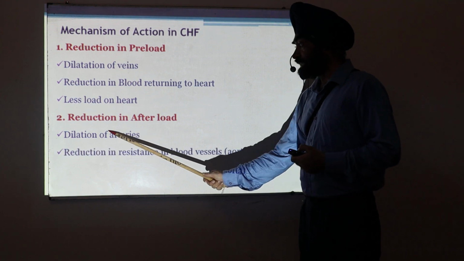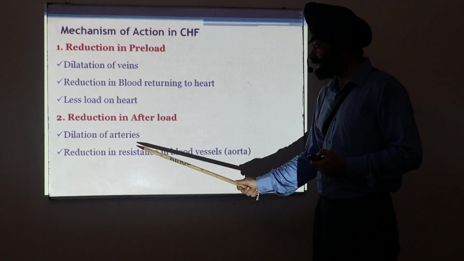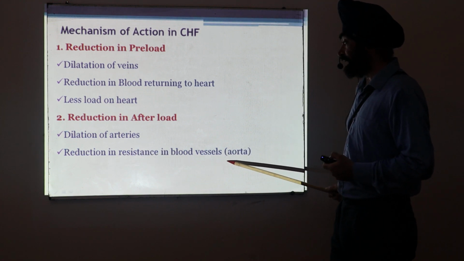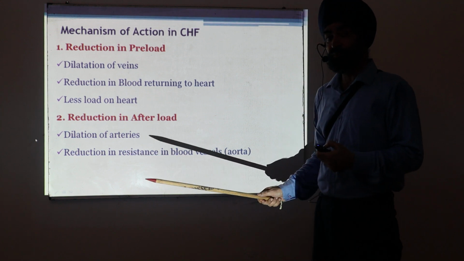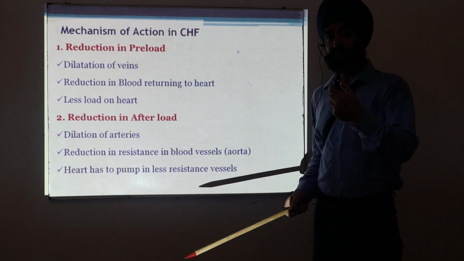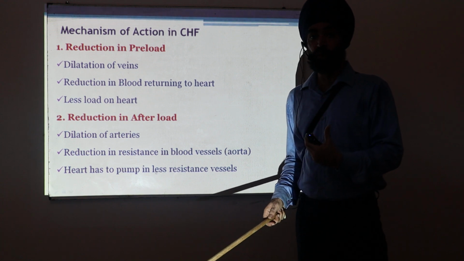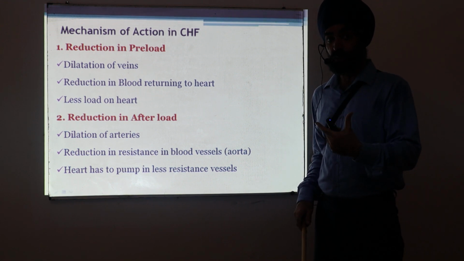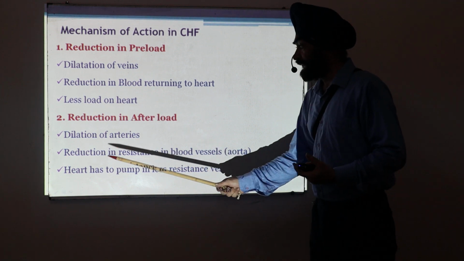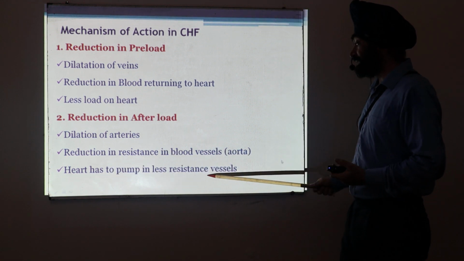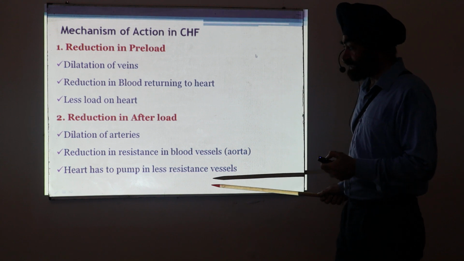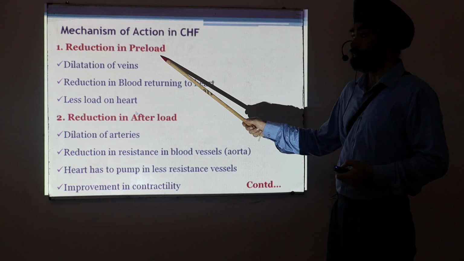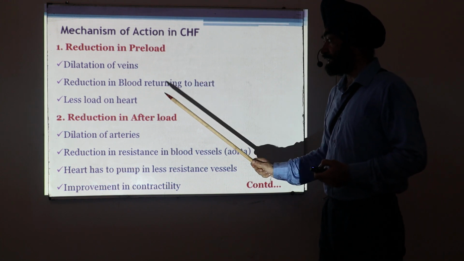If the arteries are dilated, the resistance will be reduced. Reduction in the resistance in the blood vessels, in the aorta, arteries. Okay, so what will be the effect? Now the heart is pumping into this aorta, these arteries. If the resistance is less, there is lesser load on the heart. So the heart has to pump against less resistance in the vessels. So obviously you can say there is improvement in contractility. So these are 2 very important mechanisms: reduction in preload and reduction in afterload.